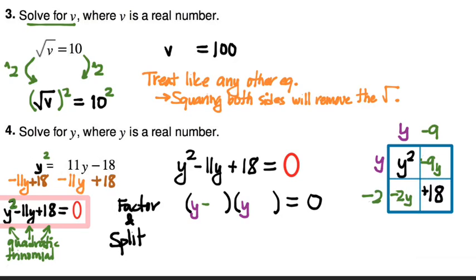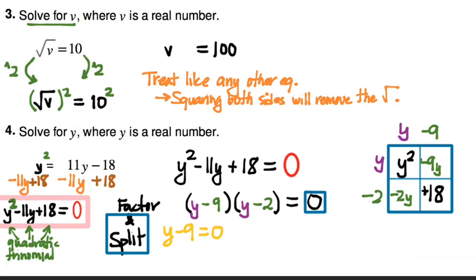So yeah, y minus 9, y minus 2 is a factorization for this polynomial on the left, y squared minus 11y plus 18. And because the right-hand side is 0, again, that's super important, that's what allows me to then split this equation into 2 pieces. The first piece, the y minus 9, gets its own equal to 0.